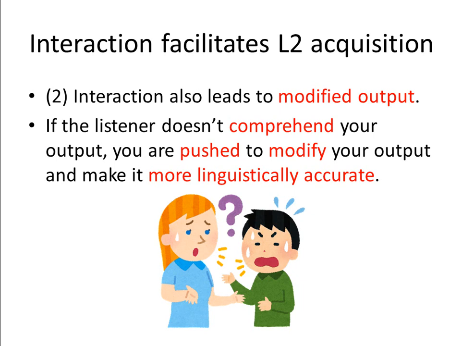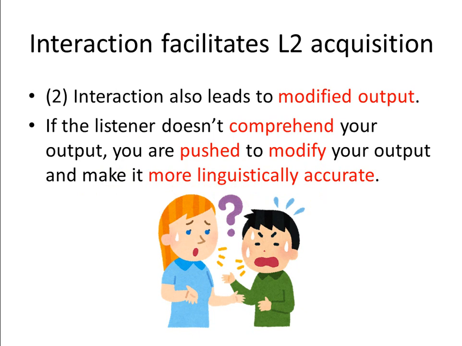So let's say this is you, and you are talking with this lady, and she's listening to you, and if she doesn't comprehend your output, so you say something, but she doesn't understand it, then you are pushed to modify your output and make it more linguistically accurate.